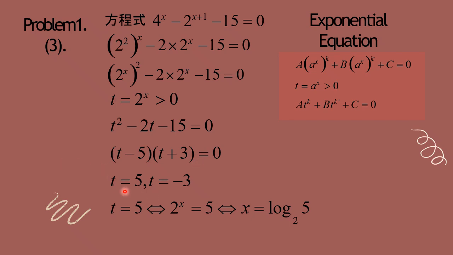So it means that t equals 5 and t equals minus 3. We must reject t equals minus 3 because it is negative. So we take only the positive one, t equals 5. But t is 2 to the power of x, equal to 5. So by the definition, we can write x equals the logarithm of 5 to the base of 2.